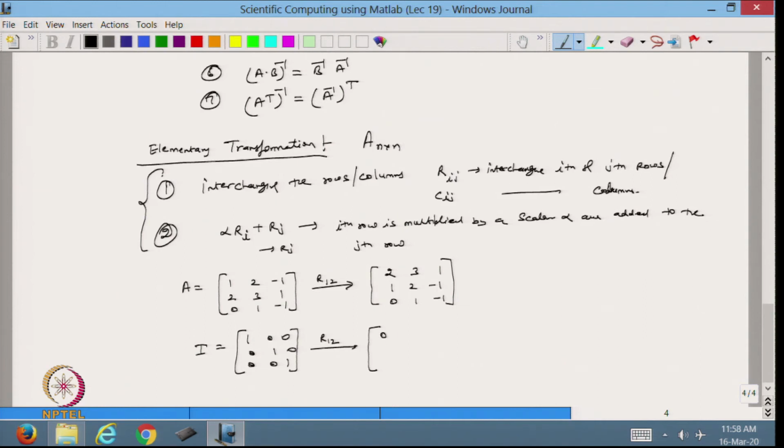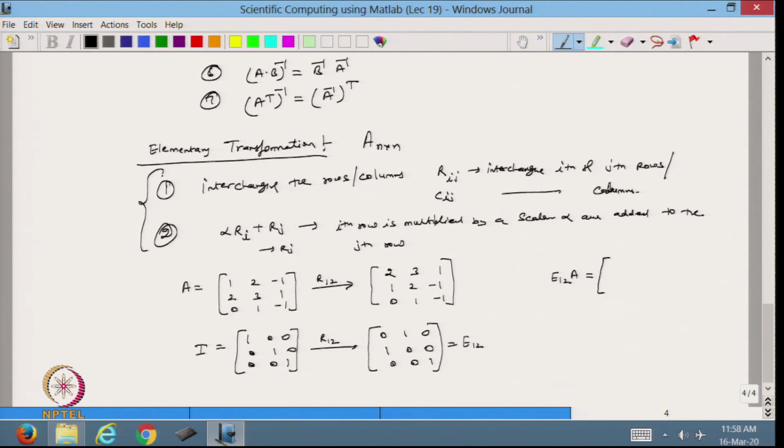It becomes 0 1 0, 1 0 0, 0 0 1. I call that E_12. E means elementary matrix, after interchanging rows 1 and 2. Now I will pre-multiply the matrix A with E_12.